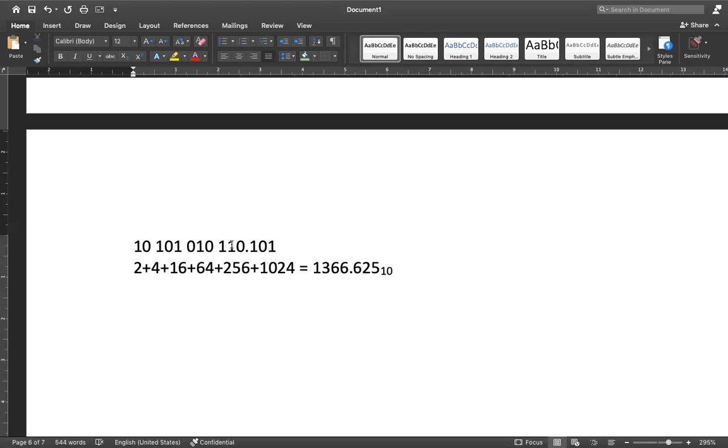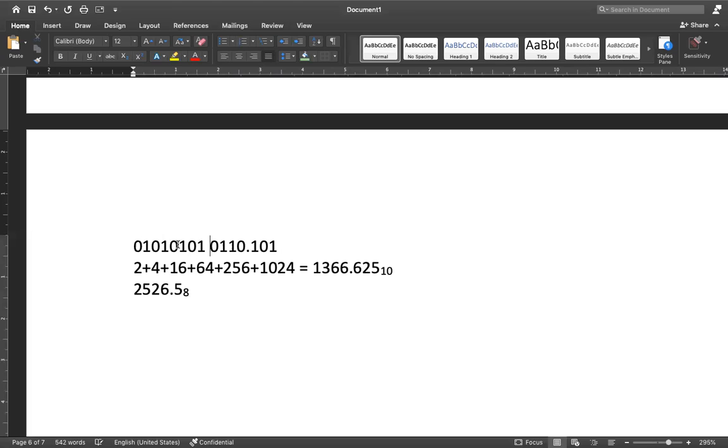In octal, this is 6, 2, 5, 2, 5. This is because you can put 0 here. 2, 5, 2, 6.5 in octal. Then hexadecimal, write 4 by 4.